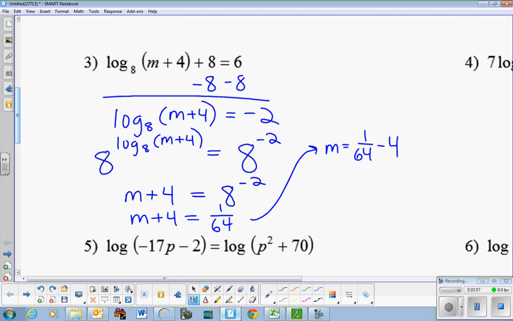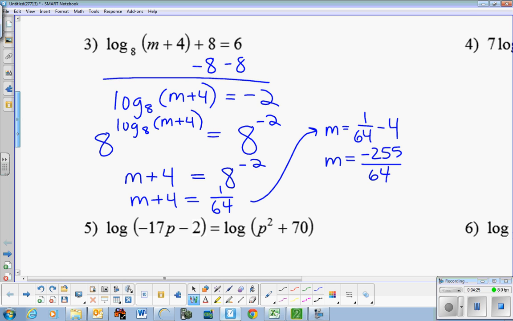There's a couple ways we could approach that, but basically, once you get your common denominator, it is negative 255 over 64. 256 over 64 is equal to 4. So we are on the negative side, but we're 1/64 less than that. So that's how we're going to deal with it if we have just log on one side.